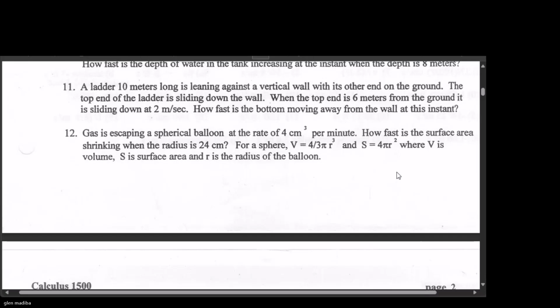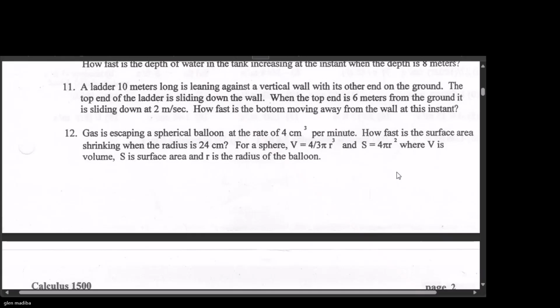So I then have ds over dt equal to 8 pi times 24 times -1 over pi 24 squared. The 24 is because they asked how fast the surface area is shrinking when the radius is 24 centimeters, so that is what I substituted in.